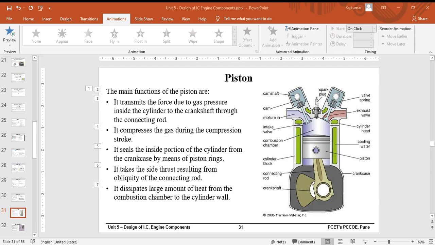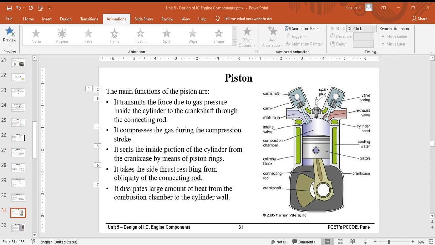Third, it should have adequate capacity to dissipate heat from the crown to the cylinder wall through the piston ring and the skirt. So heat dissipation is one of the roles that the piston needs to play. Then it should be of minimum weight, so that there will be less inertia force and smooth reciprocating motion will take place.